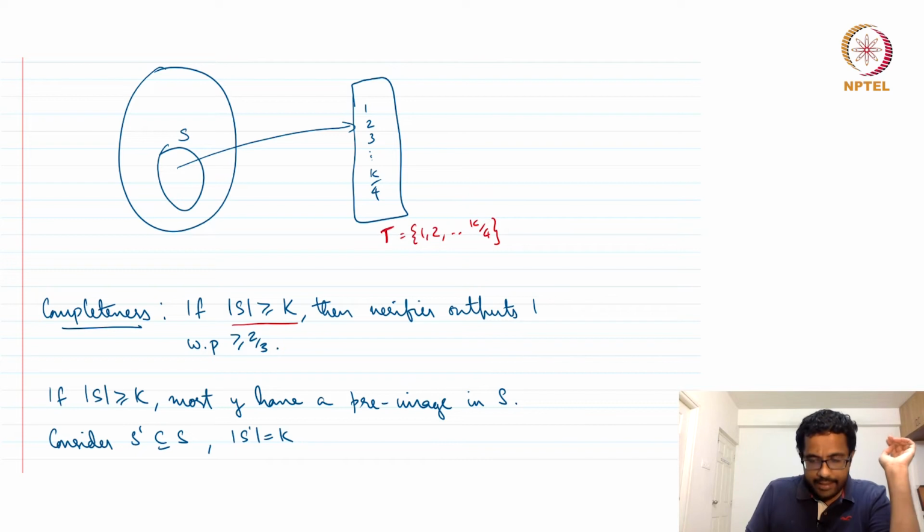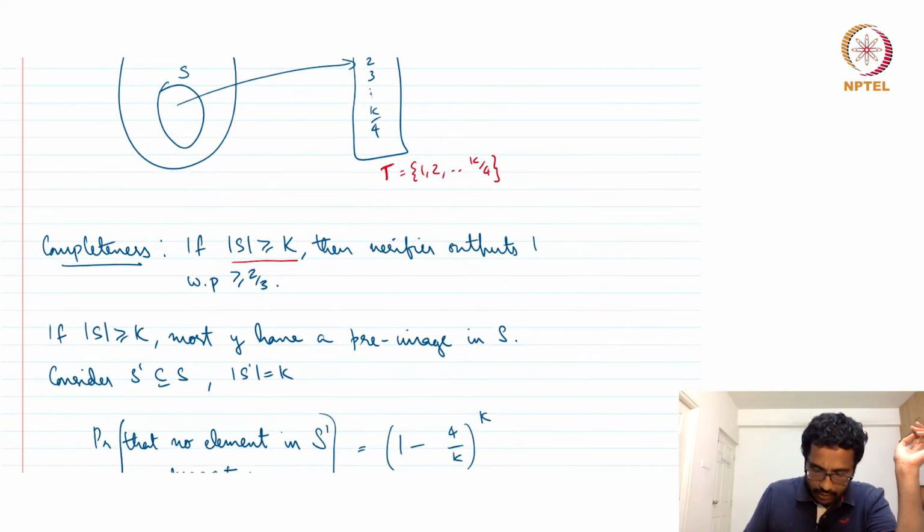So when S is as big as k, then most elements in T will be mapped by some element in S, simply because S is 4 times bigger than T. So that is the intuition.